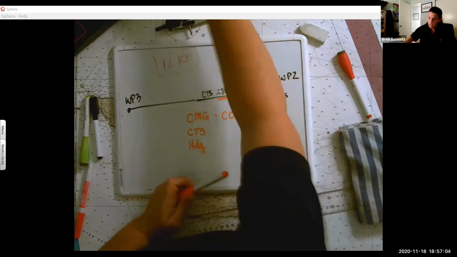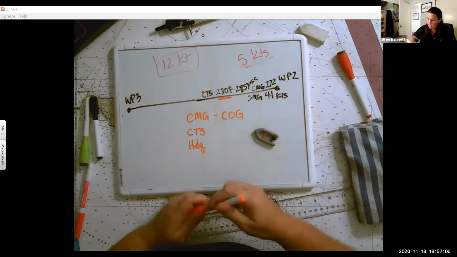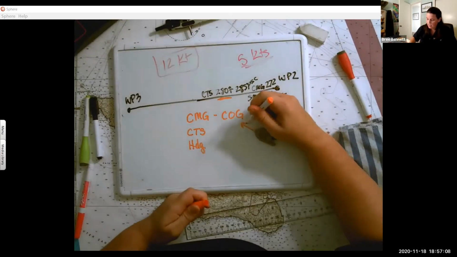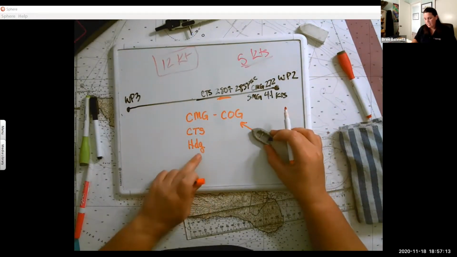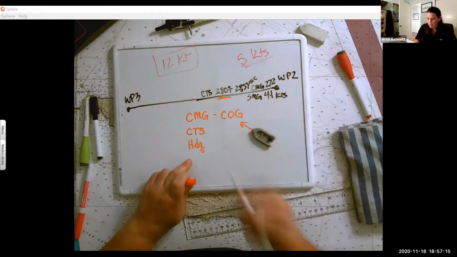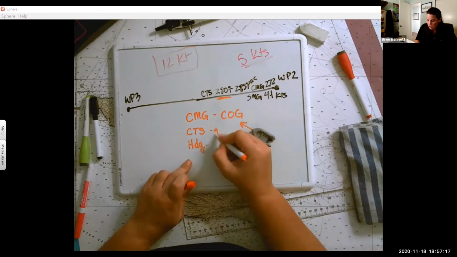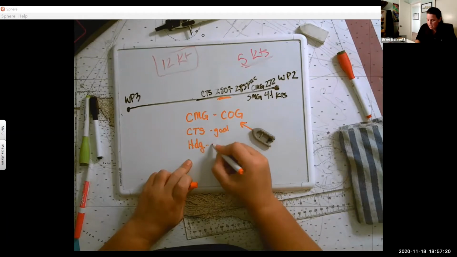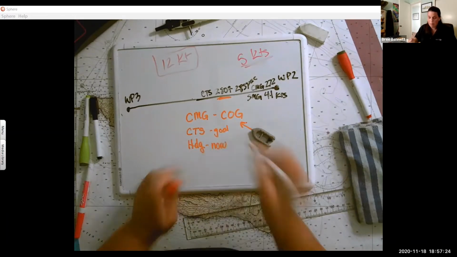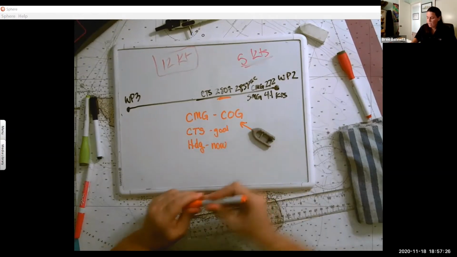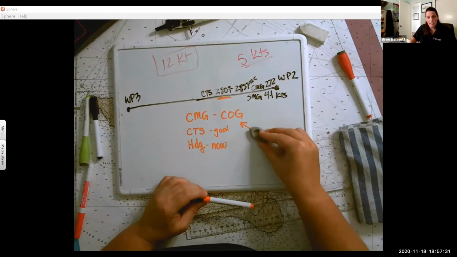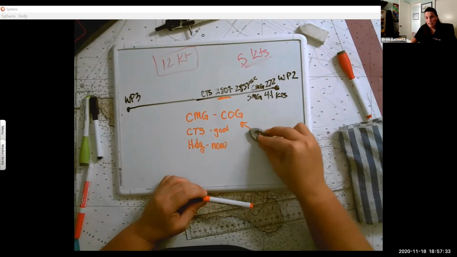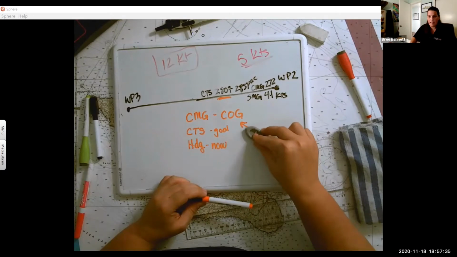so here we have our course to steer at 280, and that's what we want to be doing. But the heading is what's happening in the moment. So this is kind of your goal, and this is what's happening right now. So as you're trying to steer 280, if you're in hand steering, or even if you have an autopilot, you might be doing something like that.